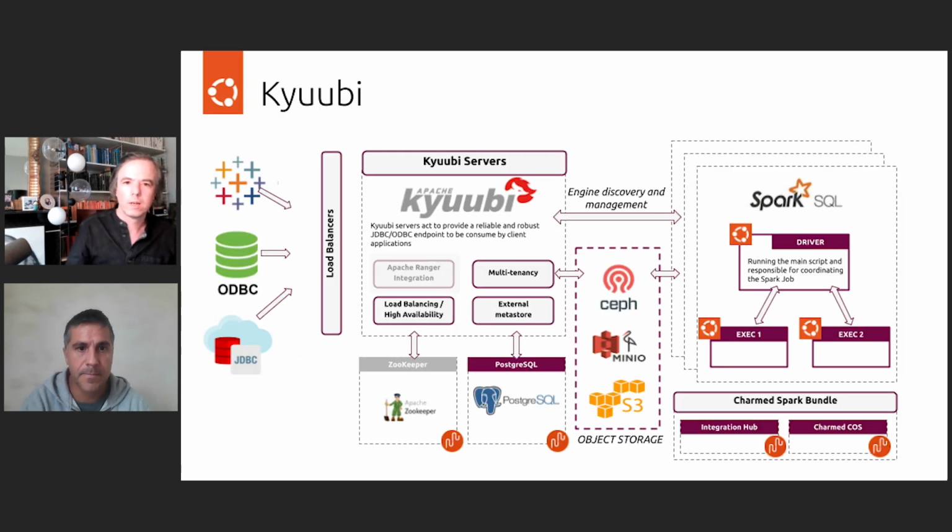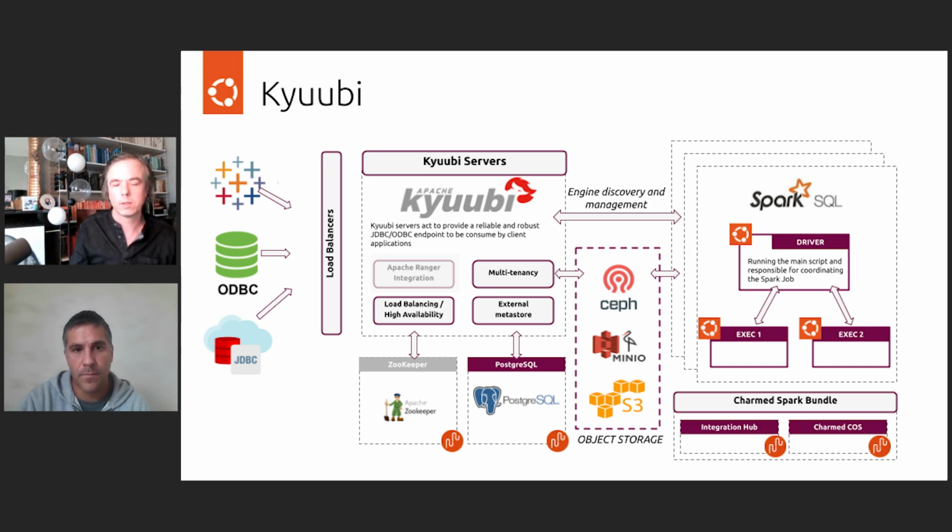QB is, as mentioned, a service that runs on your Kubernetes cluster that allows you to expose Spark SQL, so SQL queries, to external components. Here we see Open Database Connectivity, so any ODBC compliant tool can connect to it.